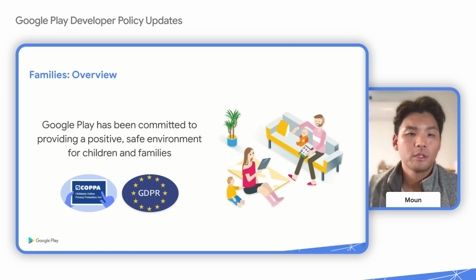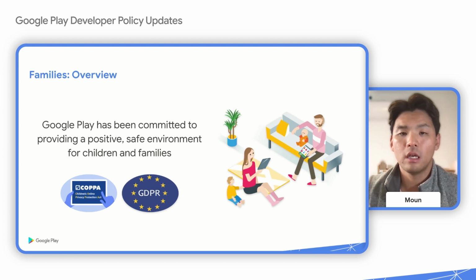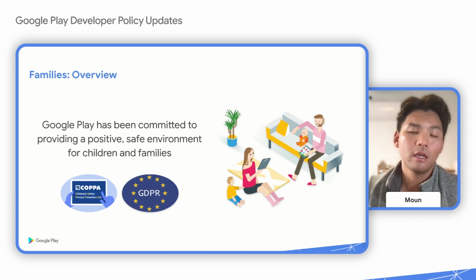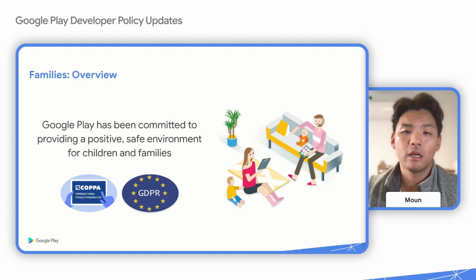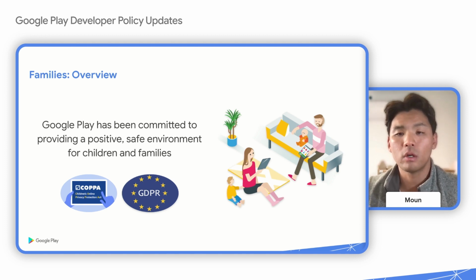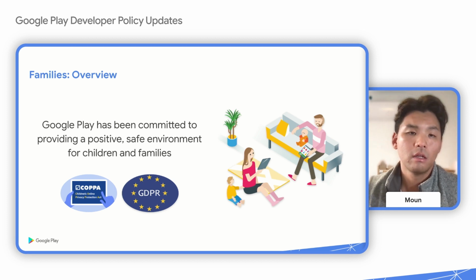All right, so Google Play offers a rich platform for developers to showcase their high quality, age-appropriate content for the whole family, and has been committed to providing a positive, safe environment for children and families. After taking inputs from users and developers, we specifically added the families policy requirements to provide additional protection for children and families.